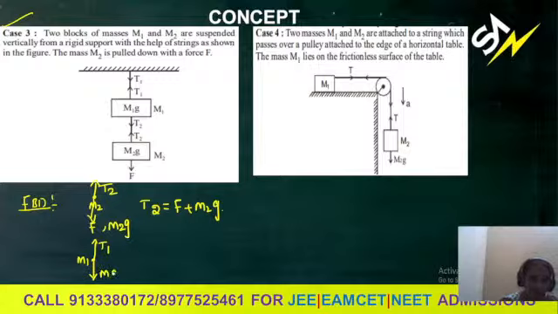Means M1G plus M2G plus F. So in this situation, they can ask the tension along the string. So T1 is balanced by the applied force plus the total weight, like M1 plus M2 into G.